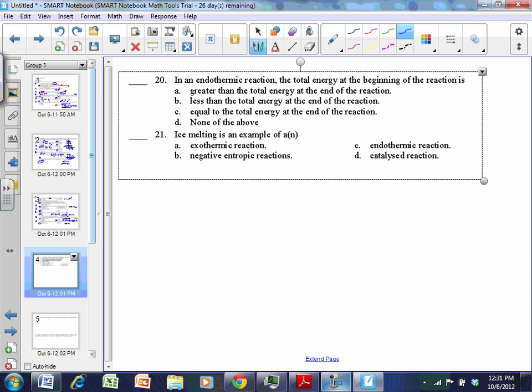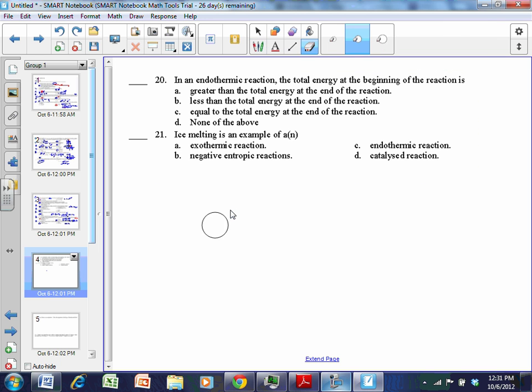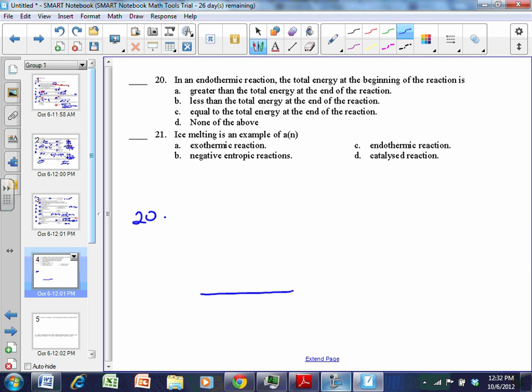20. In an endothermic reaction, the total energy at the beginning of the reaction is, okay, endothermic means I have to put heat in. That means I start at a lower energy, and I have to put energy in. The surroundings provide energy in order for the reaction to occur.